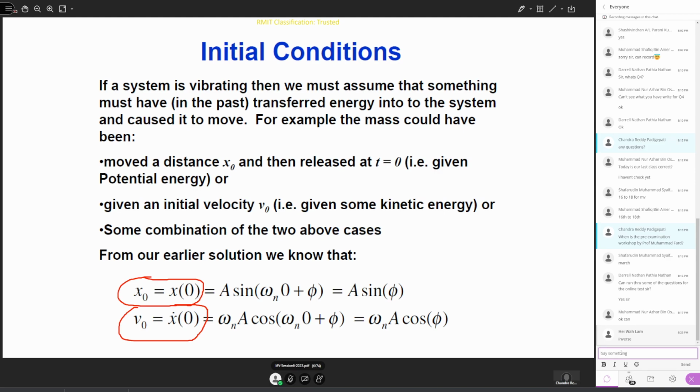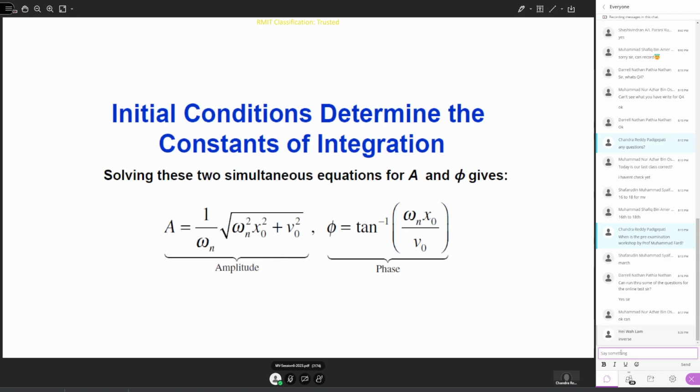You can substitute this in the expression here, and you can write this as A sine phi, and again the velocity, the derivative of this, becomes omega n into A cos phi. So if you know the initial conditions, you can calculate the amplitude using this formula and the phase using this formula.